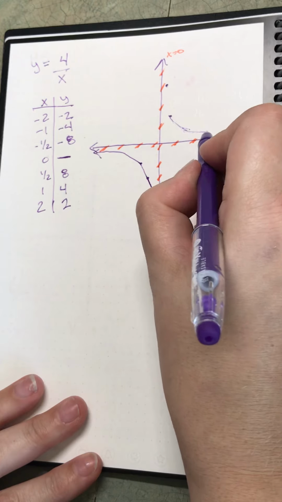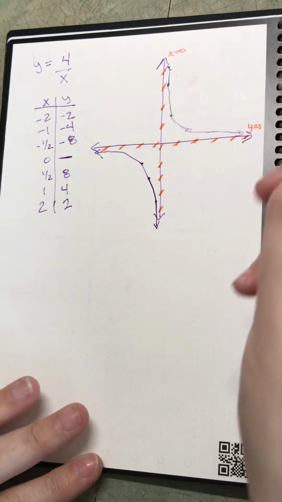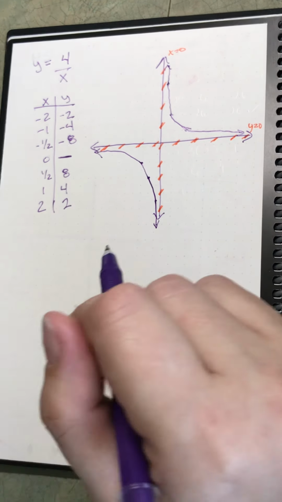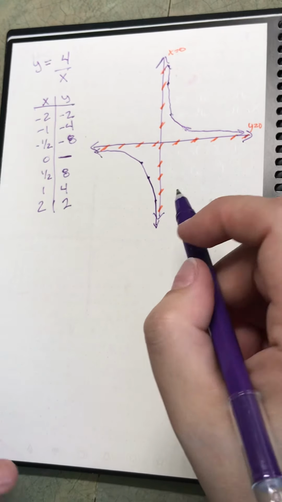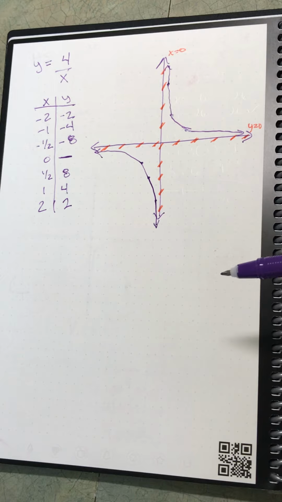Okay, something like that. It's kind of awkward for me to draw with the phone and the cables and everything in the way, but you can kind of get the idea of the shape.